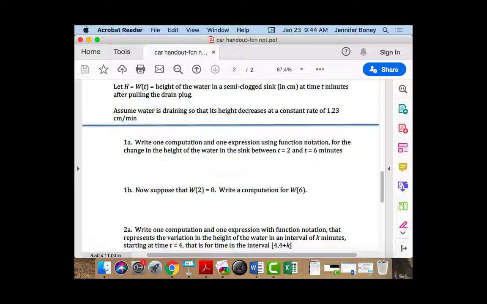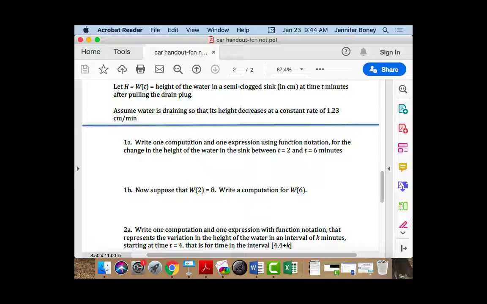Our goal for part A is to find a value of dy, the change in the dependent quantity, the change in the height of the water in the sink. But since I have function notation here, I could refer to y final minus y initial; they have names, even though I don't know what they are. I can say, well, it's w of 6 minus w of 2.